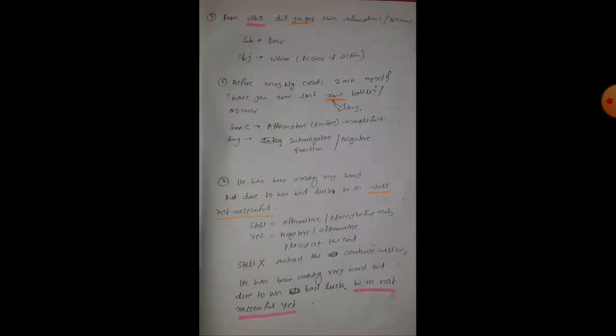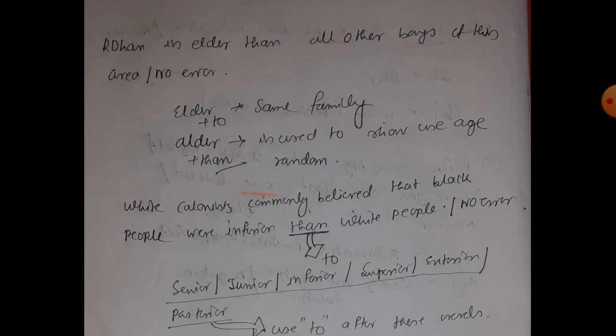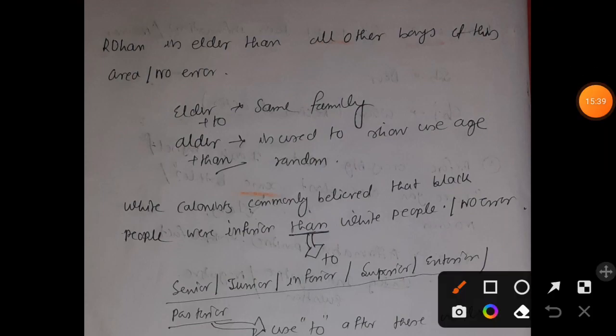So now let's move to the last one. Rohan is elder than all other boy of his area. Let me tell you, whenever you are comparing age randomly, not confining the comparison to only the family, then in place of elder there should be the term older.